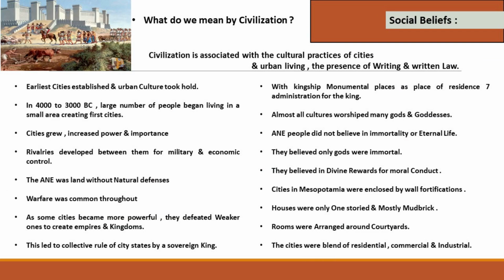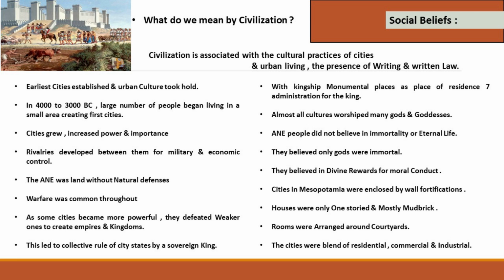Now what do you mean by civilization? Civilization is associated with the cultural practices of cities, urban living, and the presence of writing and written law for that particular city. The earliest cities established, and an urban culture took hold. In 4000 to 3000 BC, a large number of people began living in a small area, creating cities.